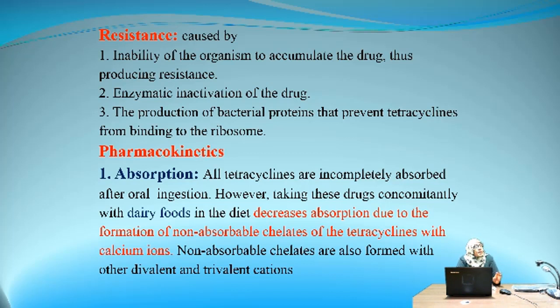However, taking these drugs concomitantly with dairy foods in the diet leads to decreased absorption. Why? Due to the formation of non-absorbable chelates of the tetracycline with calcium ions. Non-absorbable chelates are also formed with other divalent and trivalent cations.